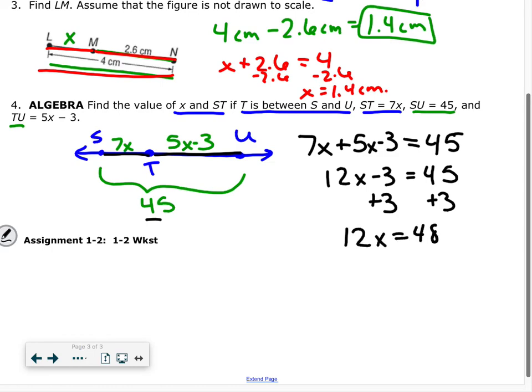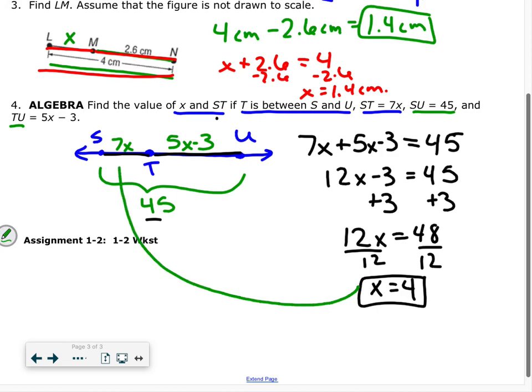Add 3, divide by 12, and x is 4. And remember, we need to find ST as well. So we need to take this, substitute it in up here. So ST is going to be 7 times 4, or 28 long.